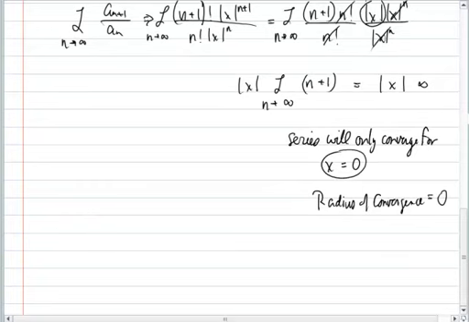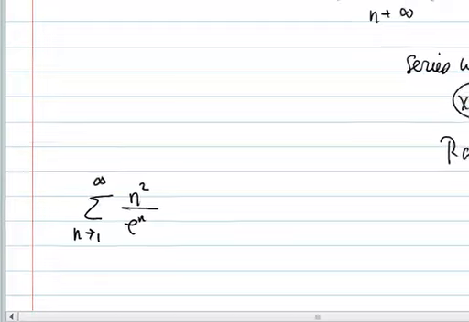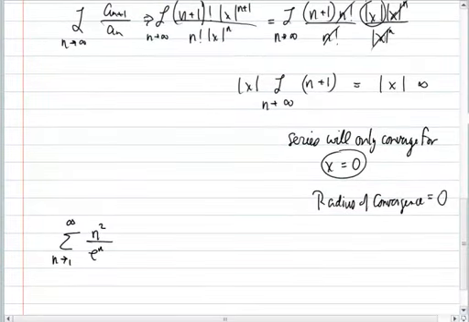Let's look at one more example using the ratio test. In this example, I'm going to do the summation of n squared over e to the n. And we want to see when n starts out at 1 and goes to infinity, what happens to this series? Does it converge or diverge?